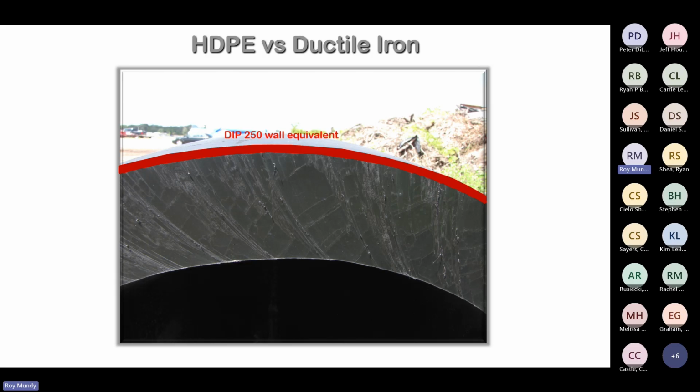So therefore, many times we've been able to downsize the diameter of ductile iron pipe on a project to compete very favorably with HDPE because it has the same hydraulic capability.